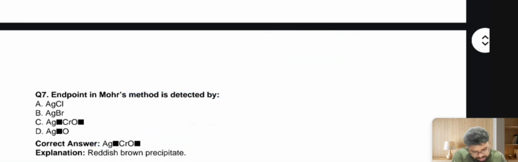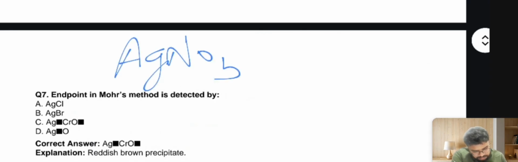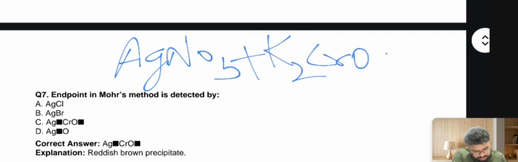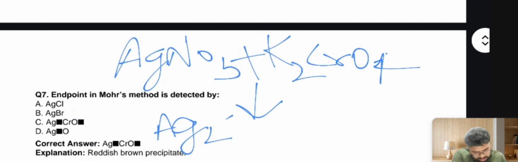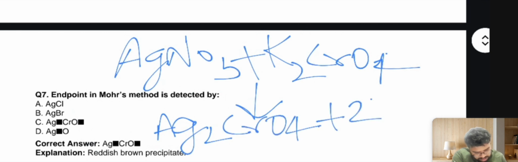So see the reaction: AgNO3 plus K2CrO4 forms Ag2CrO4 plus 2KNO3.